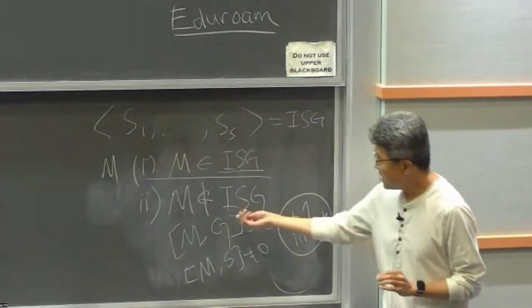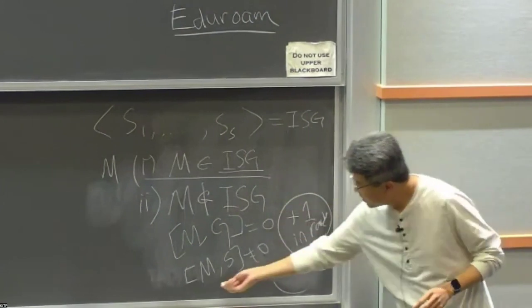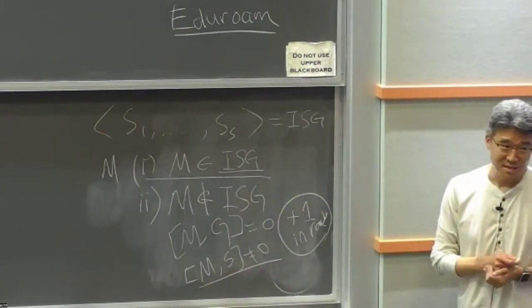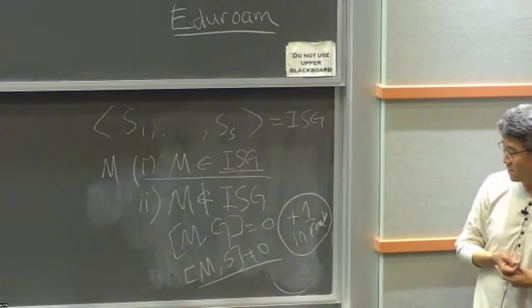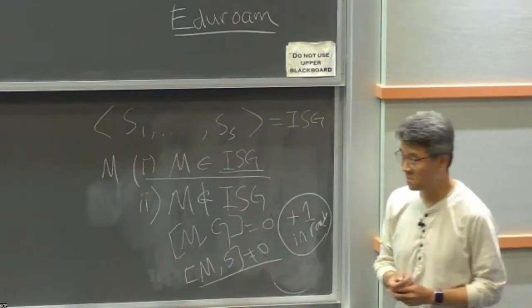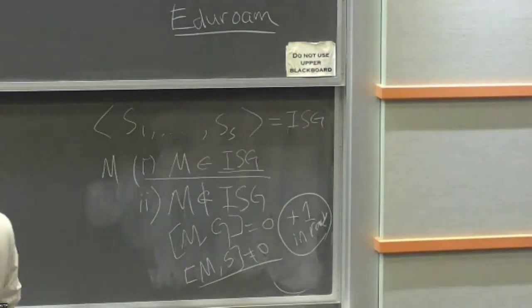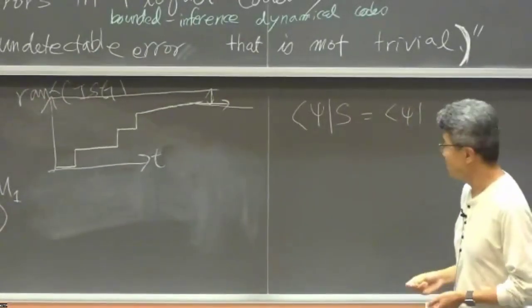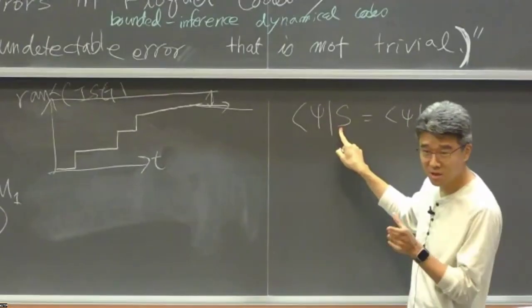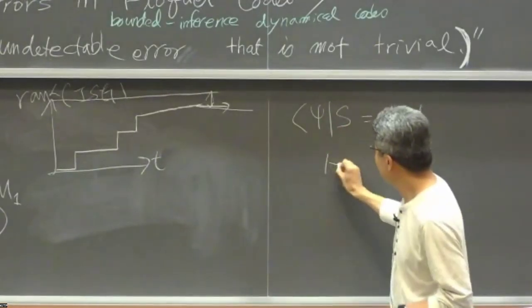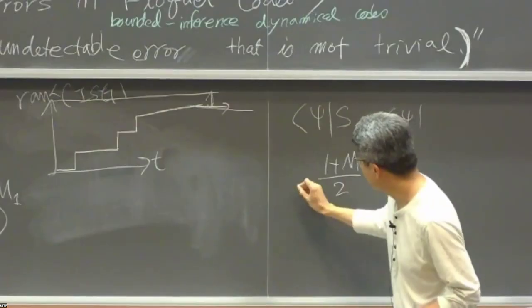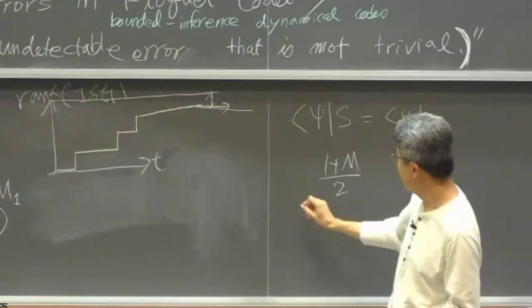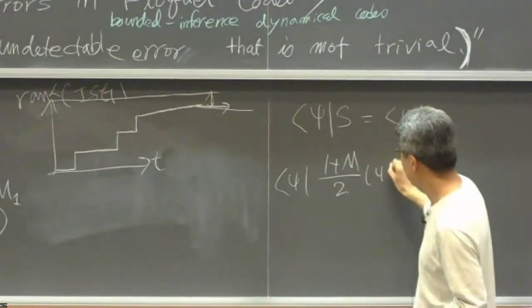Any other case, what is the measurement outcome in this case? It is, in the strongest sense, random. Why? Because if my state was psi, which was stabilized by some s, say that's the situation, and s happens to be anti-commuting with my measurement operator, then my measurement probability of getting +1 for measuring m would be this.